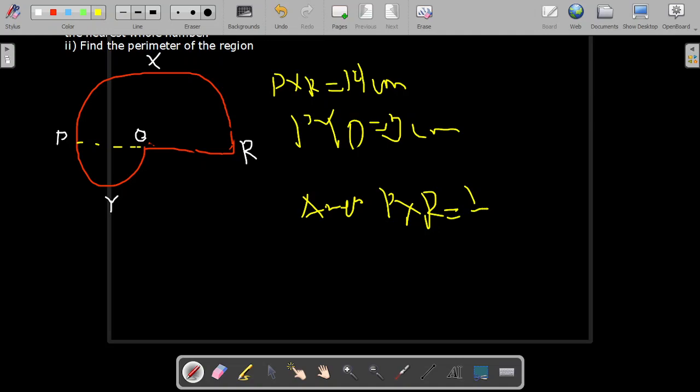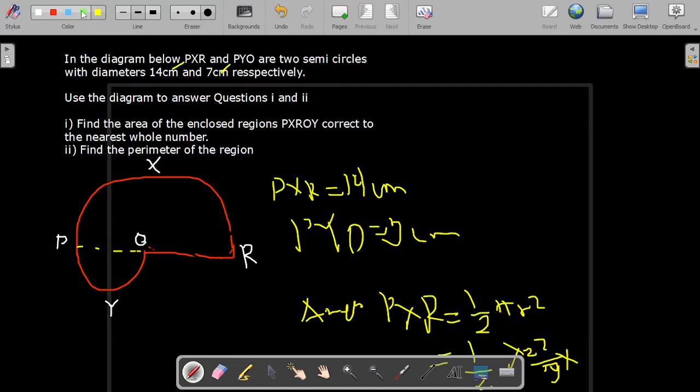Since we're given the diameters, we should note that the diameter d is equal to 2 times the radius. If a circle is drawn here and this is the diameter, the diameter of the circle is the line drawn from one point on the circumference to another point on the circumference that passes through the center.